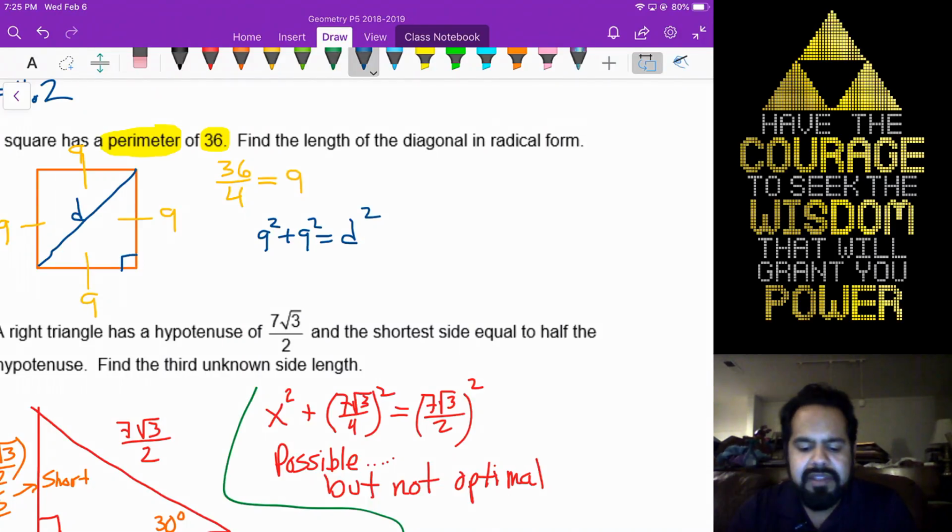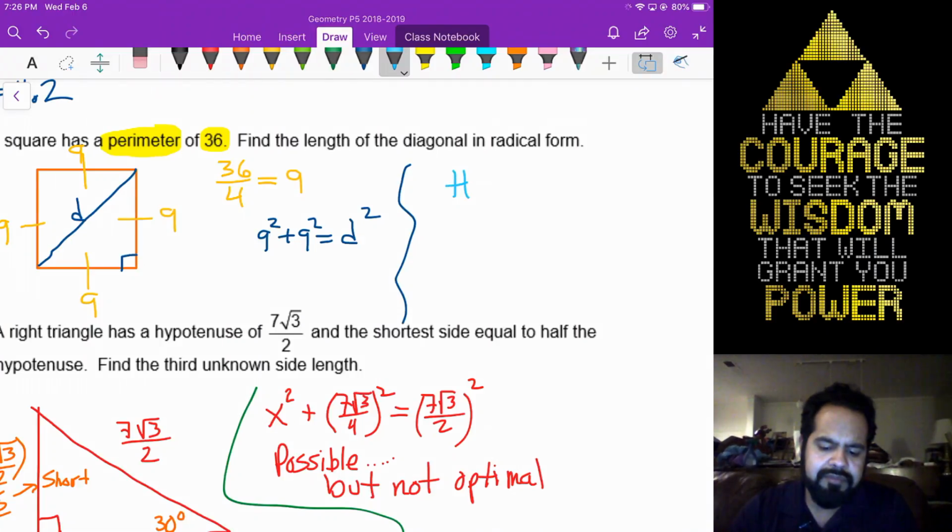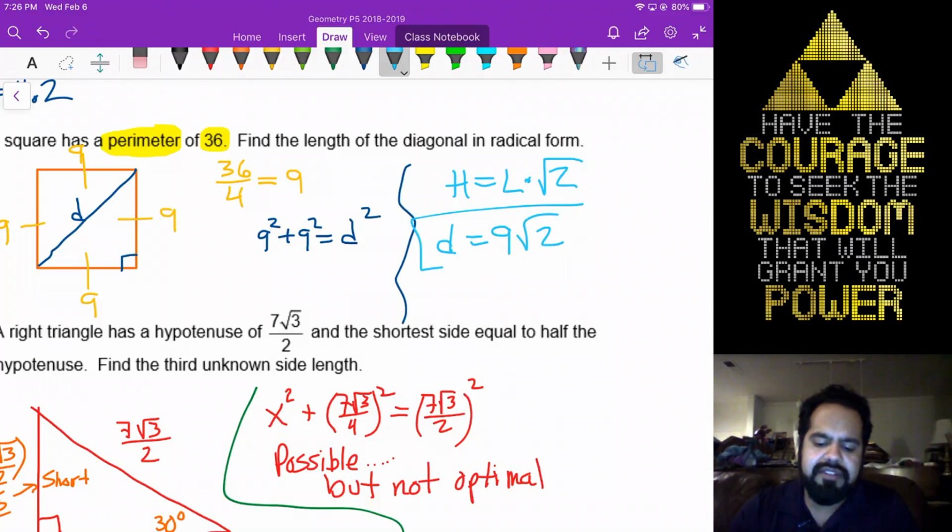But if you remember that in a square, when we draw the diagonal, it cuts it into 45 degrees on the two corners, I believe we have a special right triangle. That's our 45, 45, 90. So just remember that the hypotenuse is equal to the leg times rad 2. So then your diagonal is just simply 9 rad 2.